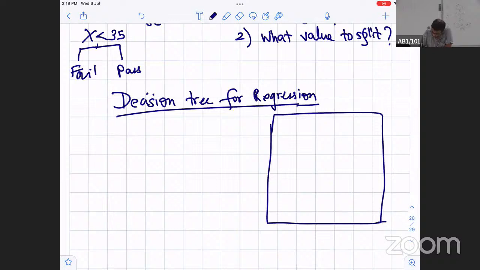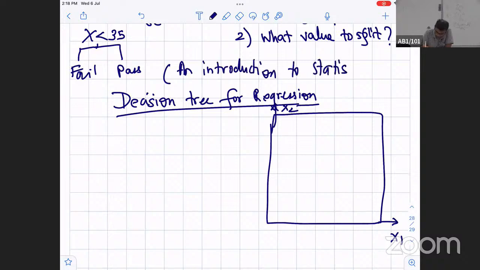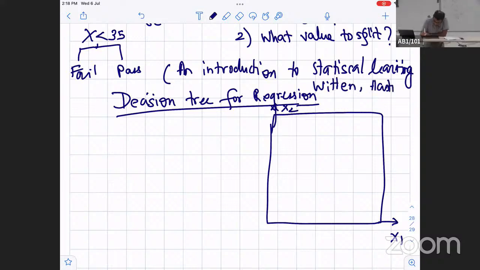So you have x1, x2. This is taken from, by the way, whatever I am referring to is the book. A good reference for this is An Introduction to Statistical Learning by the famous authors Witten, Hastie, and Tibshirani.